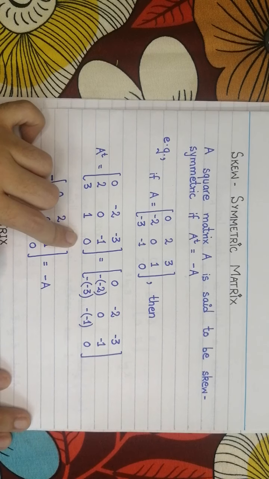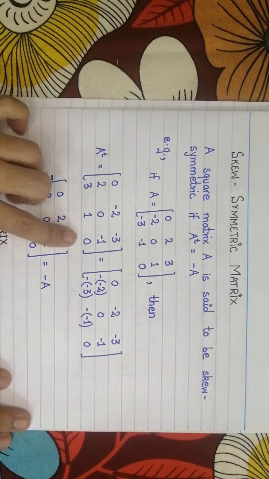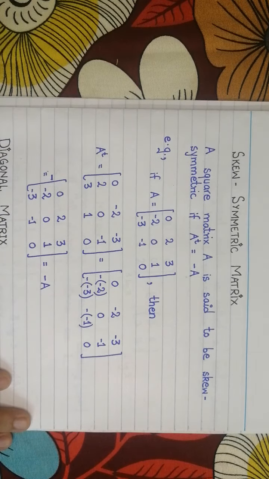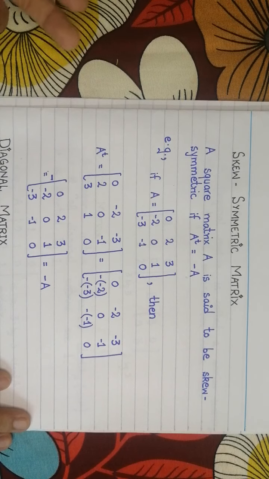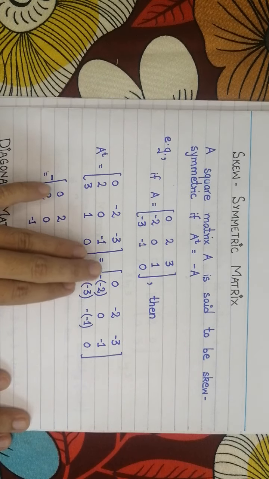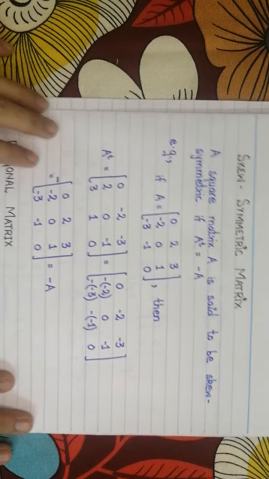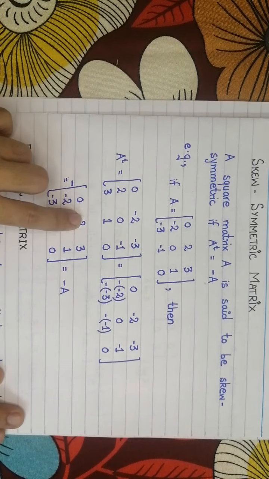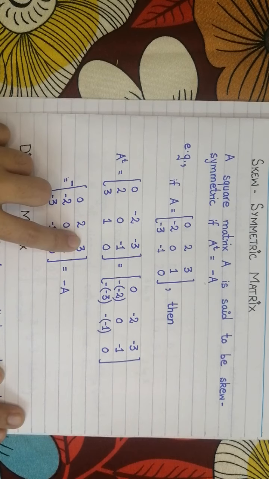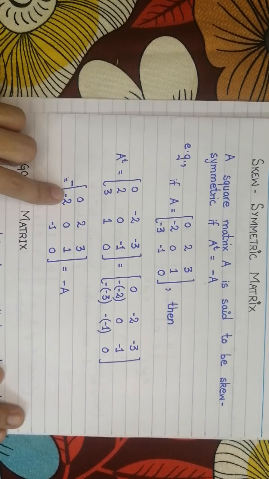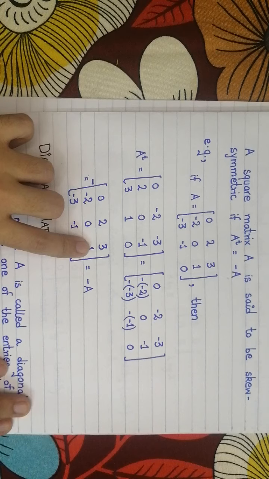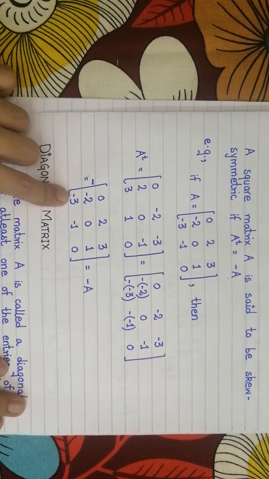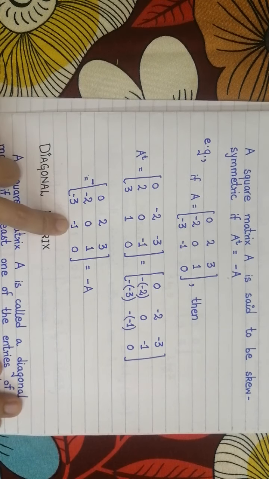Now can you see, when we take this minus, we have minus A. When we take minus as common, here it is minus, so it will become positive 2, it will become positive 3, and it will become minus 2, and it will become plus 2, it will become minus 3, and it will become minus 1.